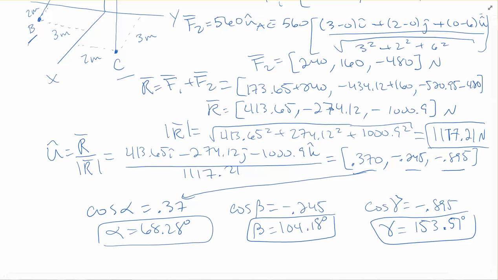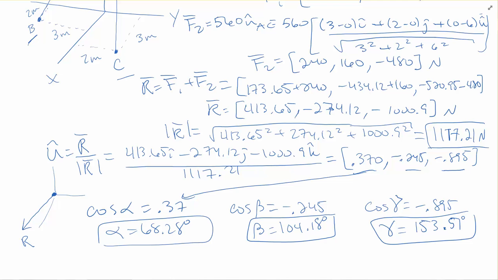Alright, so there are our angles. Remember, these are the angles between the positive axes and the force. Our force is going in the positive x, negative y, and negative z direction. So if we say this was the top of the flagpole, we have the resultant force going down like this. Now if we attach the axes to this, we can draw the angles.